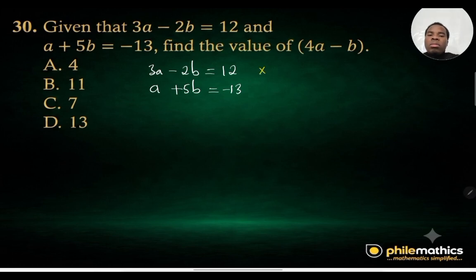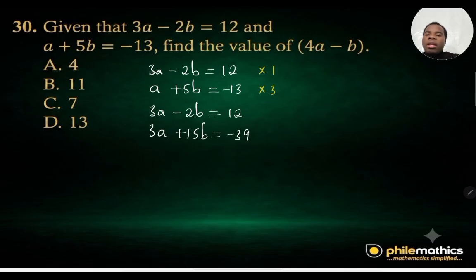So this is multiply by 1, multiply by 3, to have 3a minus 2b equals 12, 3a plus 15b equals minus 39. Now I can eliminate a.